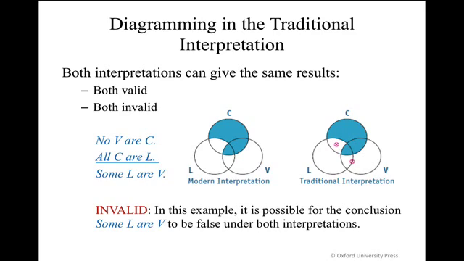And so when we convert a universal negative, we get no P are S. P becomes the grammatical subject class, and there is at least one member there.